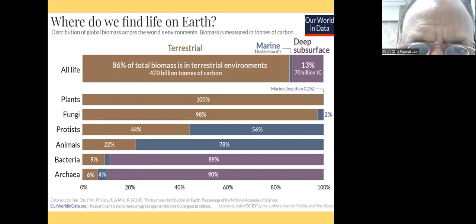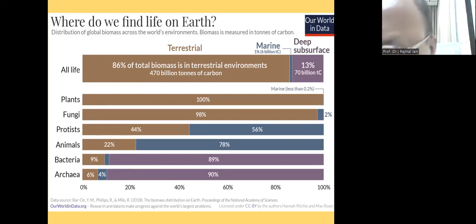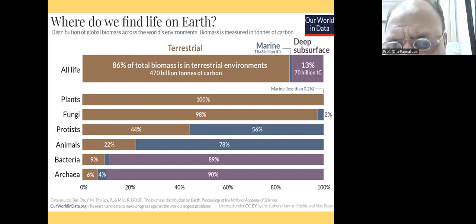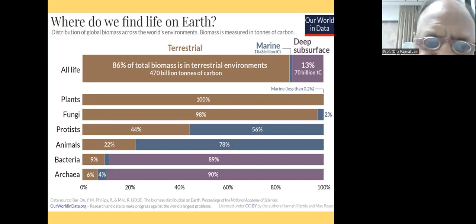Under the surface it is 70 billion tons of carbon, and hardly 1% or something like that is in the ocean. So when I was talking about the hydrosphere, I was talking about the lives of only about 1 to 2%.